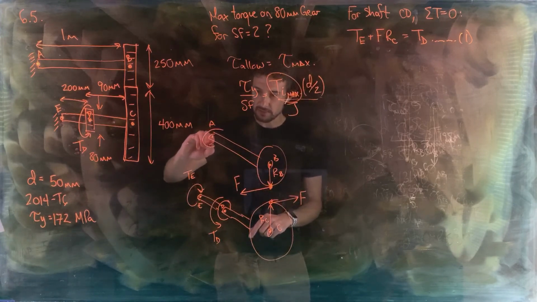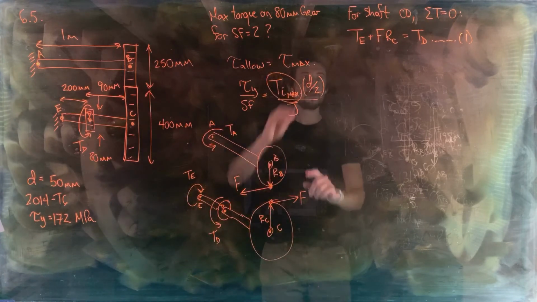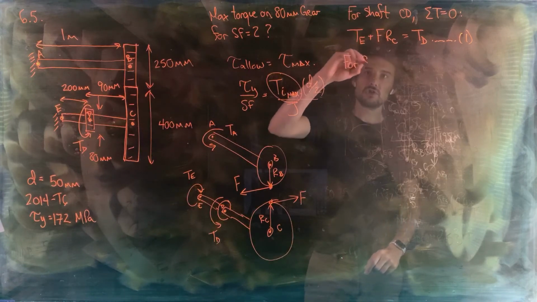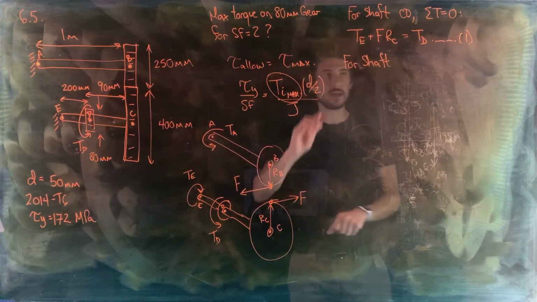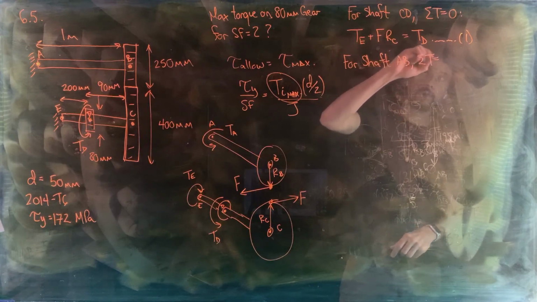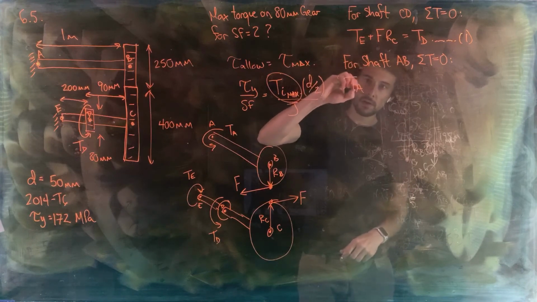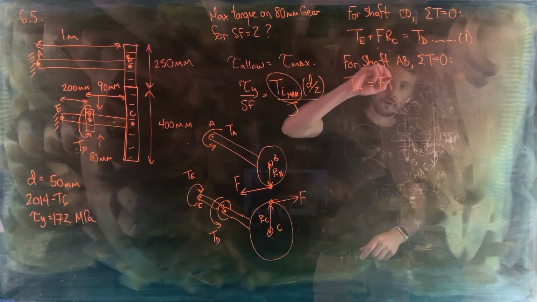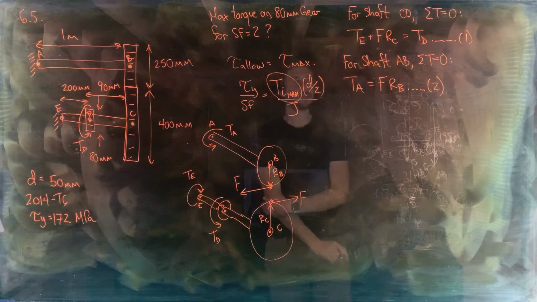Opposing that torque has to be the torque from the wall, here's T subscript A. For shaft AB, the sum of the torques also has to be 0. So we've got TA equals F multiplied by RB. There's a second equation.